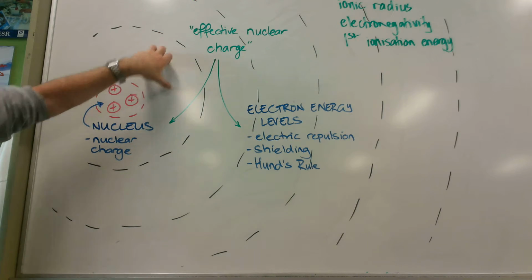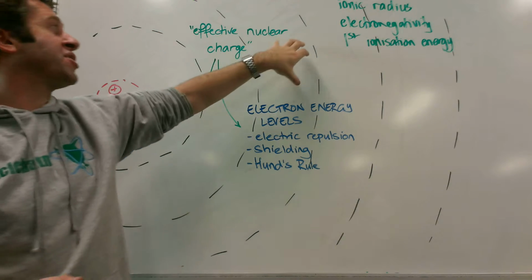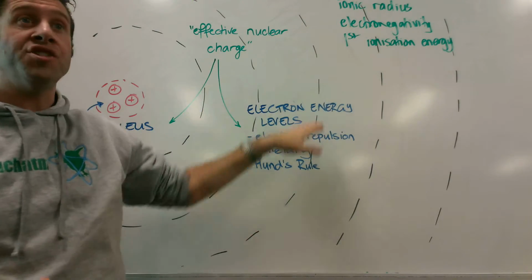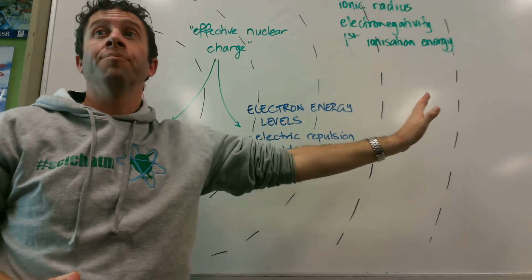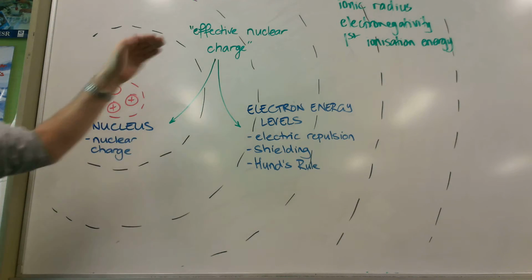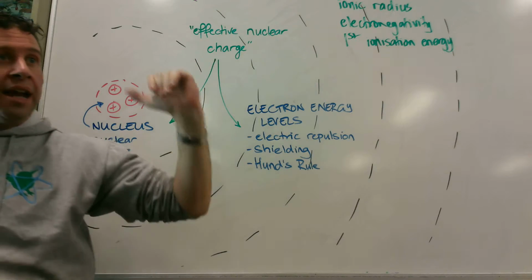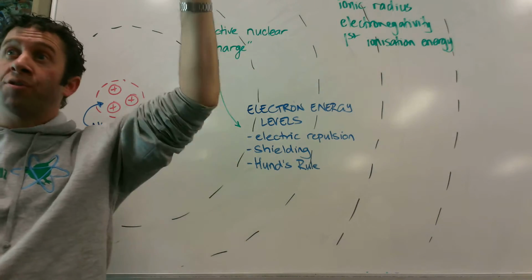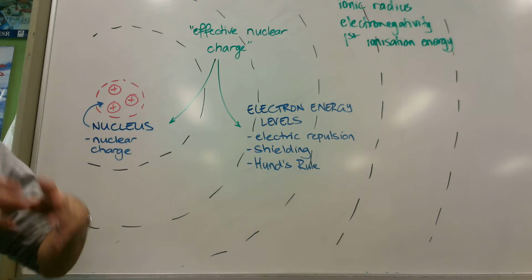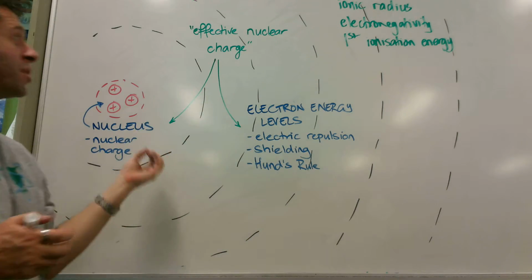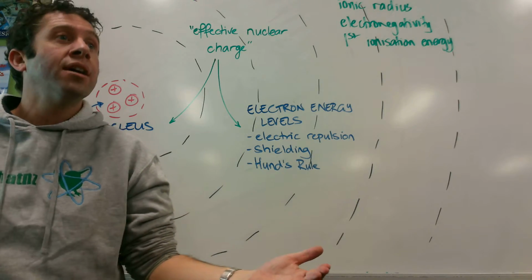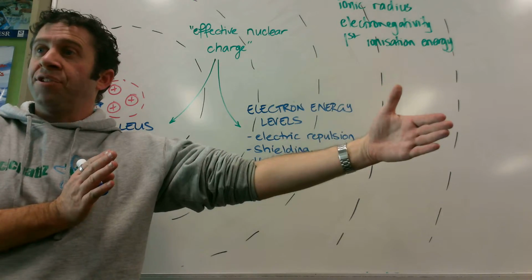So if this is full and this is full, you can imagine how much of a shielding effect there is on these outer ones for the third energy level, fourth energy level, and so on. So what you end up seeing is that although you have an increased nuclear charge as we go down our groups, so hydrogen to lithium to sodium to potassium and so on, for example, the radius is getting bigger, not just because the valence electrons are at a higher energy level, which is going to be at a larger distance from the nucleus.